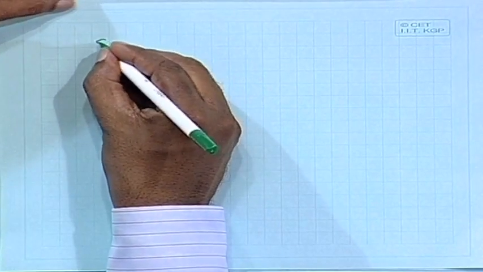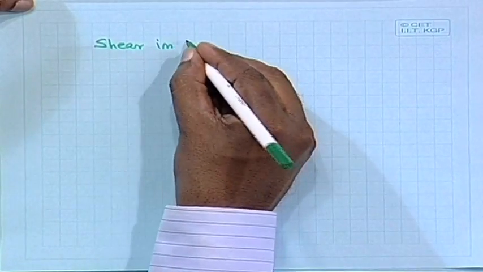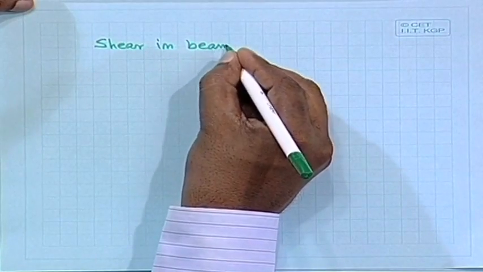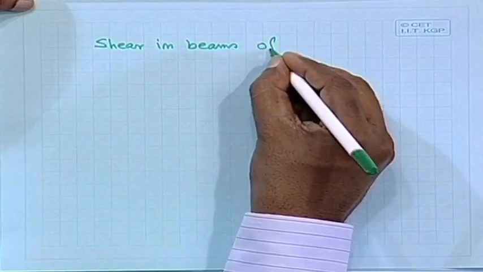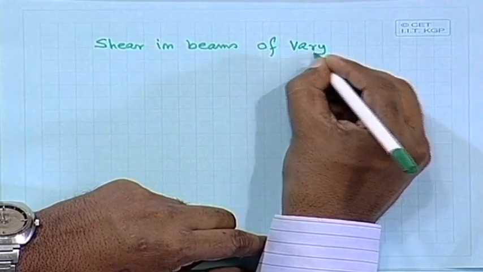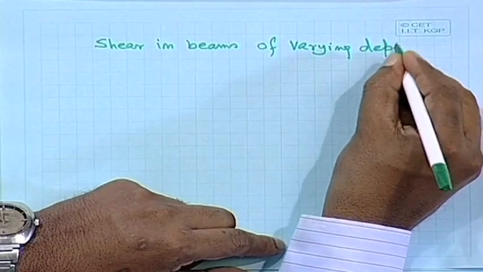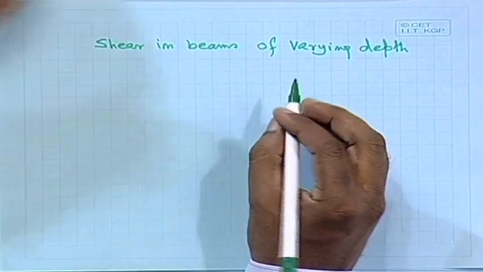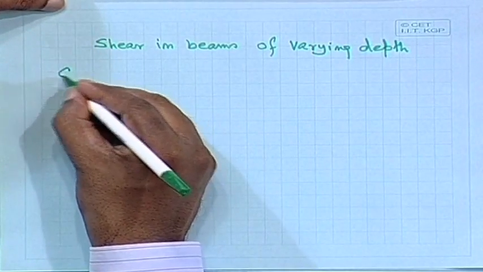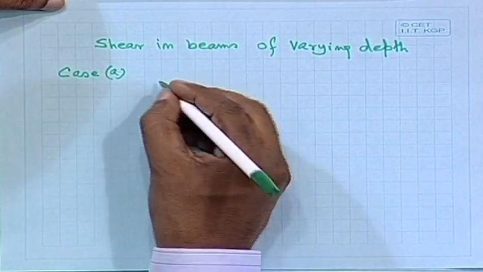There is one more that I should mention: shear in beams of varying depth. This is a special case. There are two cases.